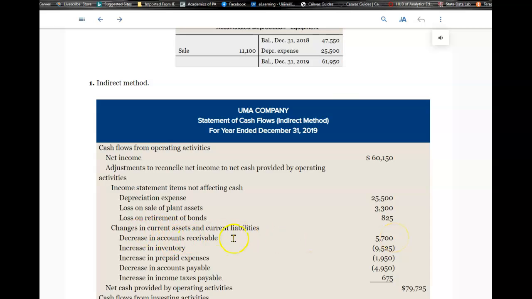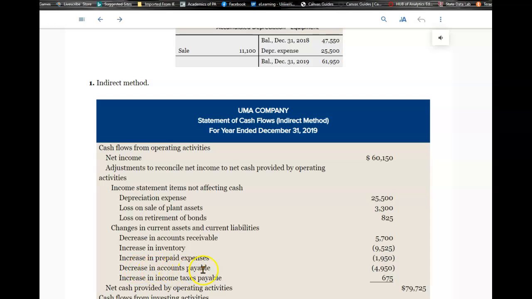So the decrease in accounts receivable is added back. The increase to inventory is subtracted. Inventory is a current asset, and so the increase in the asset shows up as a reduction to the income number. The increase in prepaid expenses, that's a current asset, shows up as a reduction against the income number.